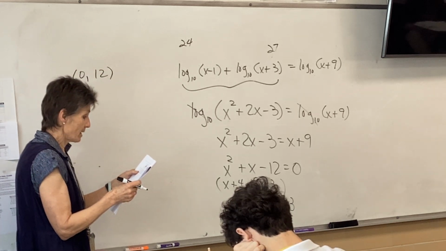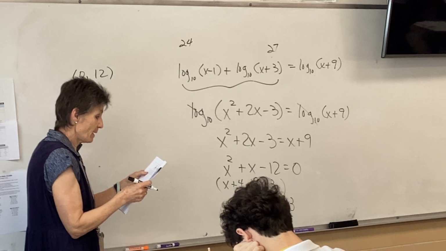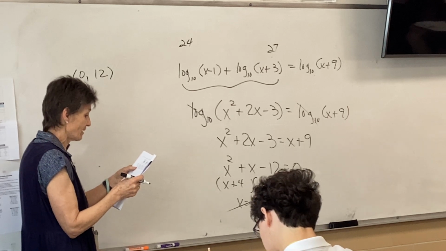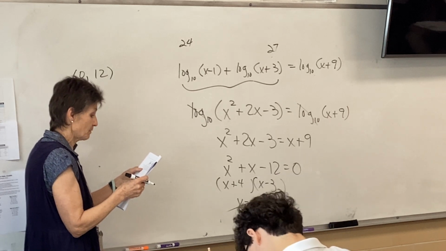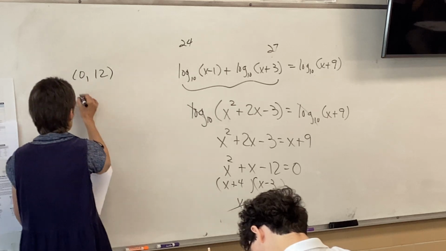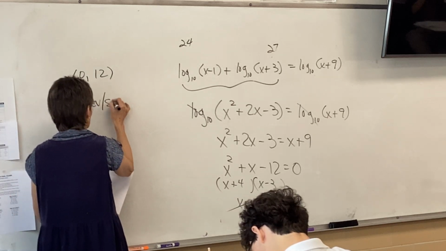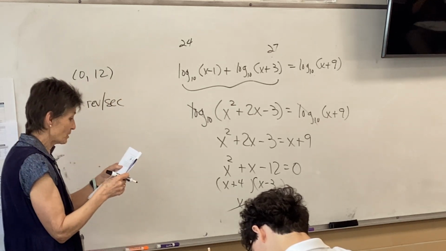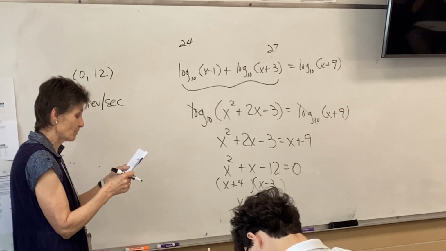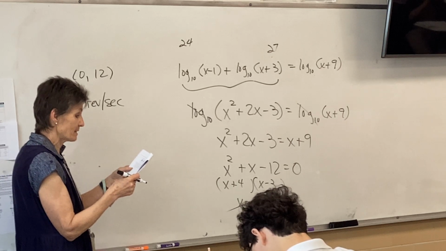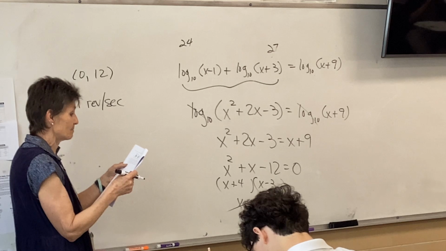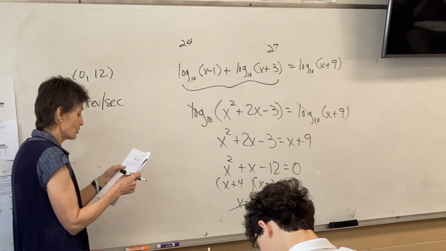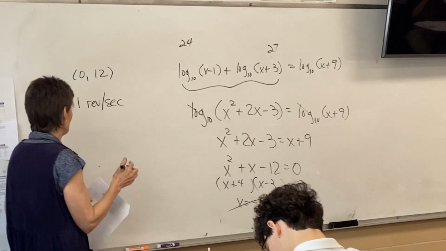Am I reading that right? The pedal's 8-inch arm defines a circular motion. If the patient pedals 1 revolution per second, which of the following could be an expression for the height in inches of the bicycle pedal above level ground at time t? Okay, so 1 revolution per second.